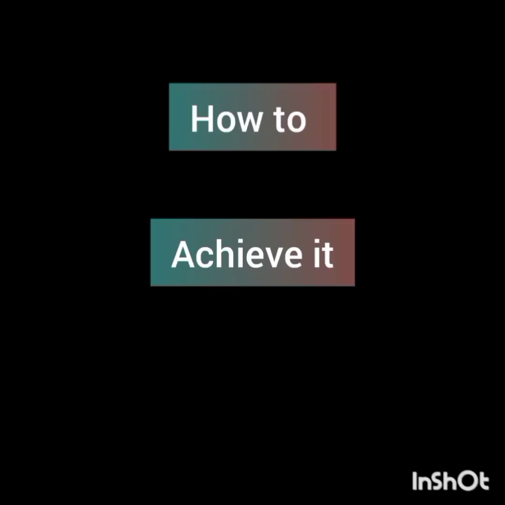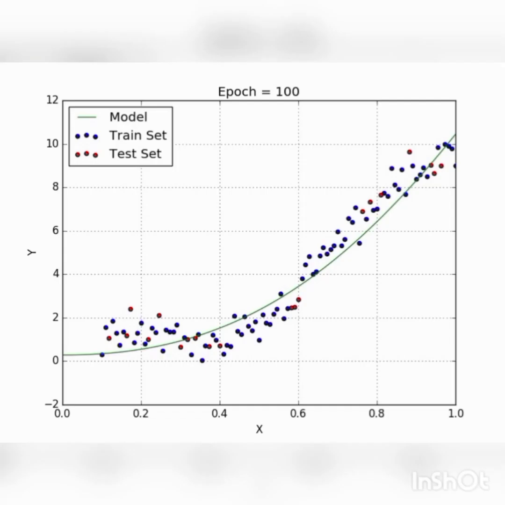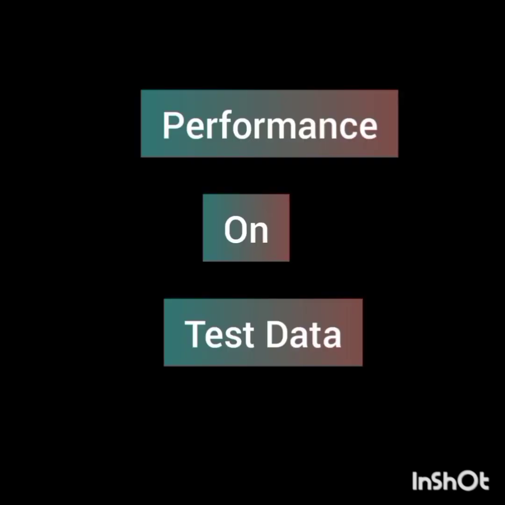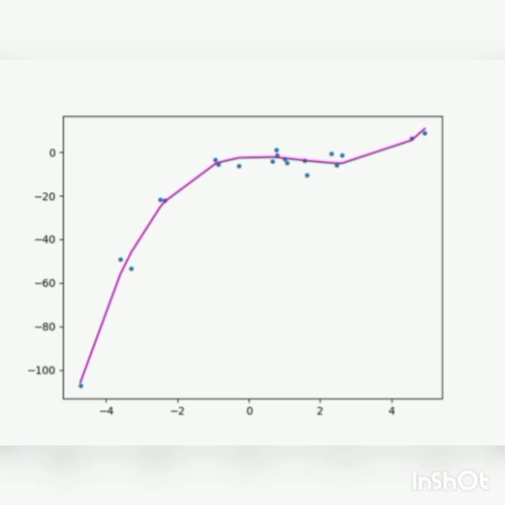How to do it? First, try to fit a curve through all points. Also, you must reserve some portion of the training set as a validation set and try to tune the hyperparameter by evaluating the performance on test data. The end result should be that the model fits the training set well, and it should perform equally well on test data.